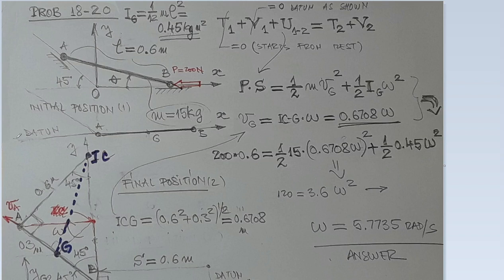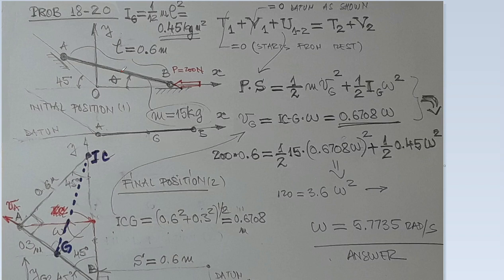I'm going to take the datum for potential energy at the x-axis, y equals 0. Clearly I'm going to use the kinetic energy as translational kinetic energy plus rotational energy about the centroid.